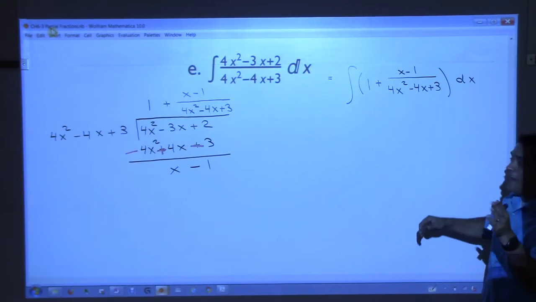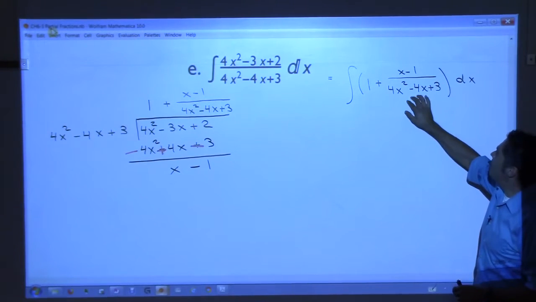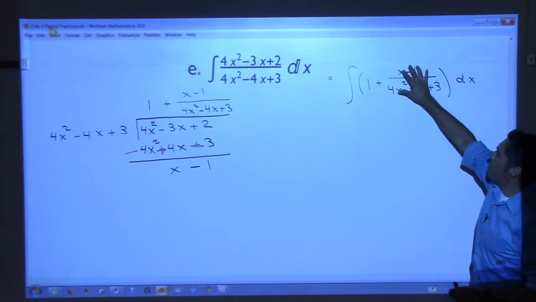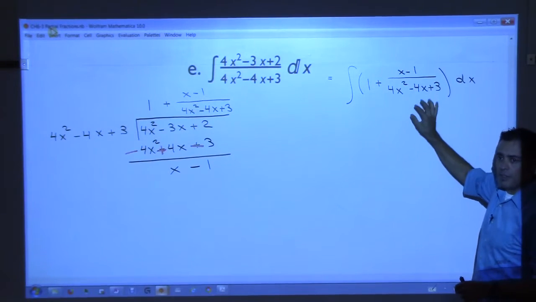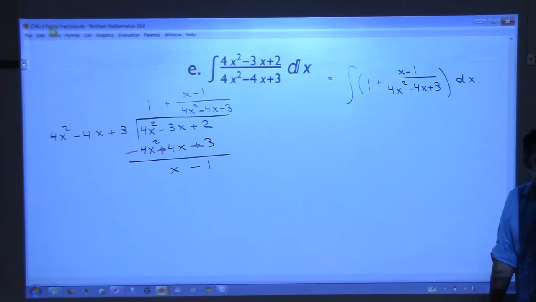Okay, so good. You recognize that you have a linear over a quadratic, right? So maybe there's a way I could tweak this one up here to make it look like the derivative of this down here. That is the method we use if the denominator is not reducible. If it factors, then we want to go with partial fractions.